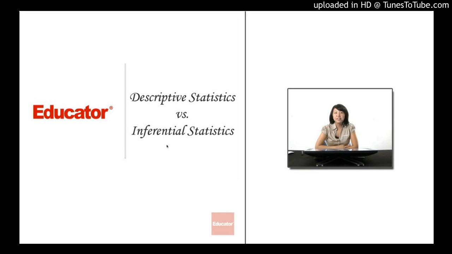So if this is what our hypothesized population looks like, then when we get a little sample from that population, we want to know whether our sample proportions are very different from the hypothesized proportions or not. So let's say in our sample proportion, we get mostly blue, a little bit of red, a little bit of yellow.